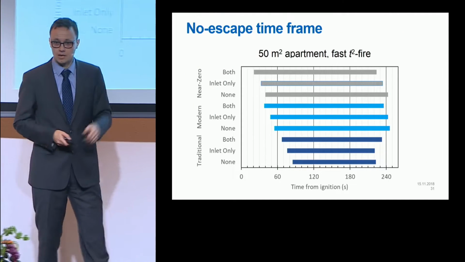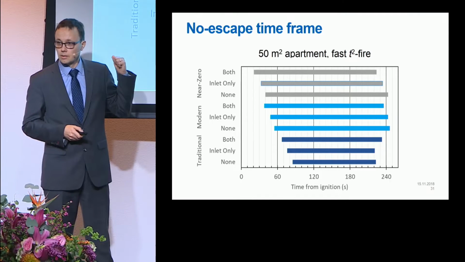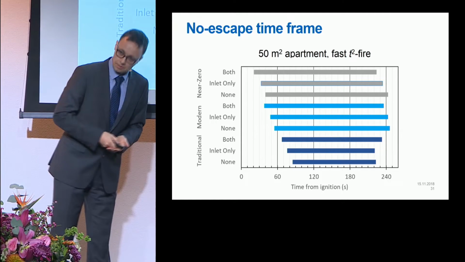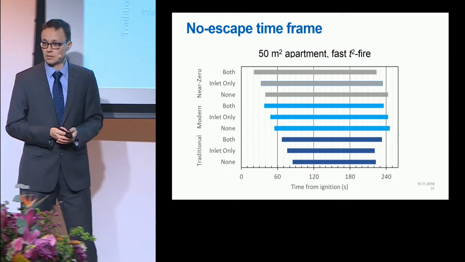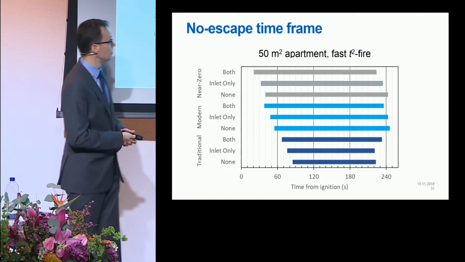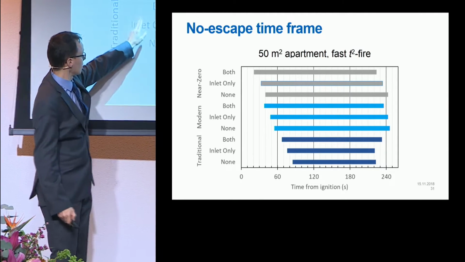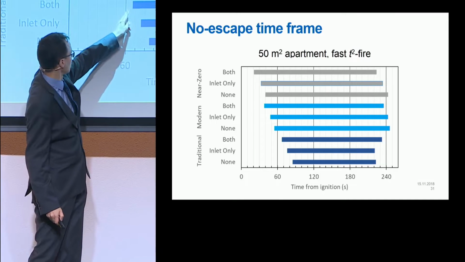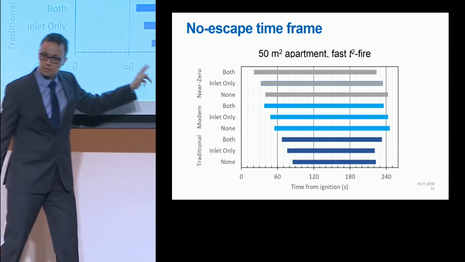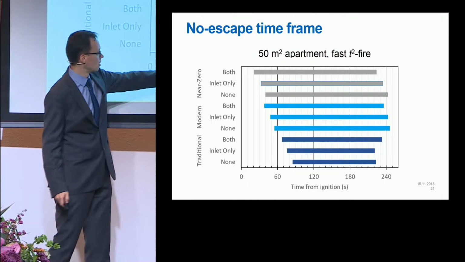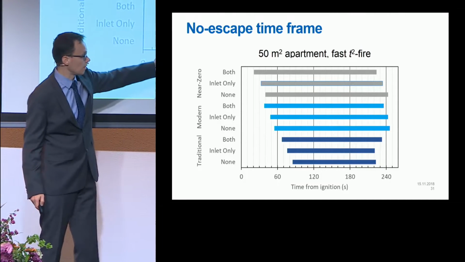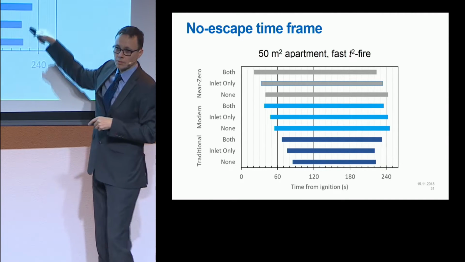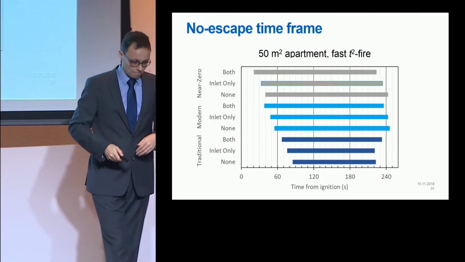Now, for the escape in our case studies, if we take the 100 Pascal as a safety limit, we can see when the escape is possible or when it's not possible. For traditional buildings, the time to reach 100 Pascal is somewhere around 70 to 80 seconds. A bit more than a minute to escape. After that, you have to wait close to 4 minutes until you can escape.